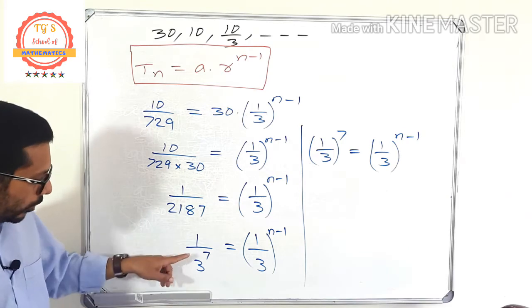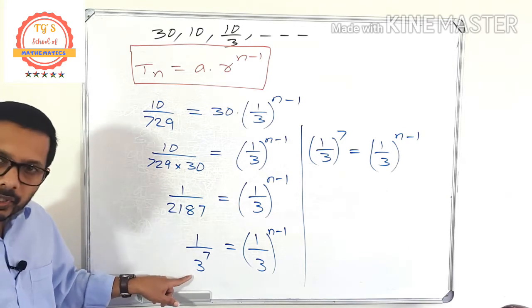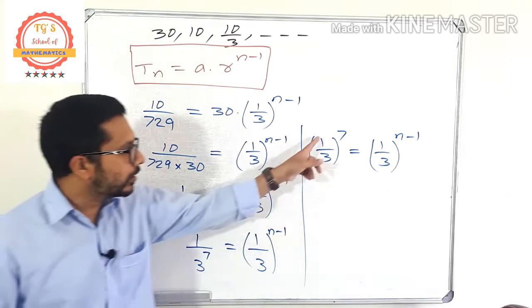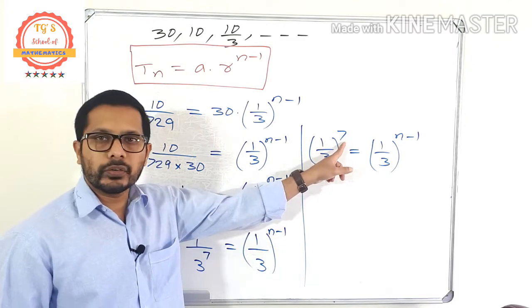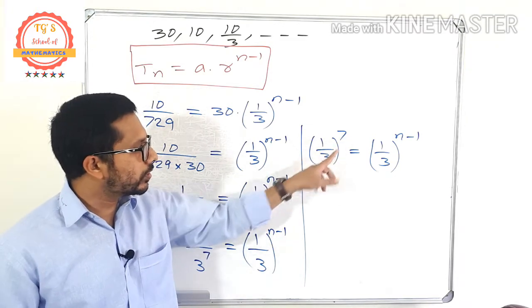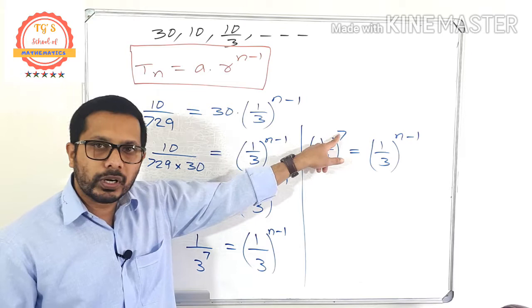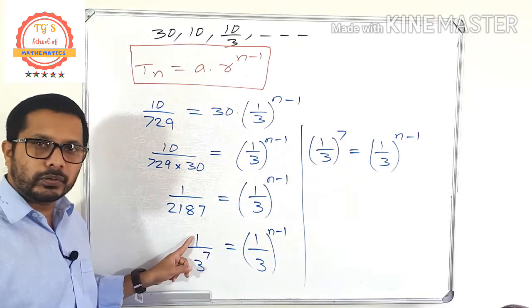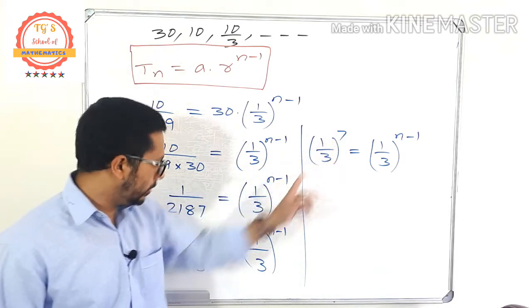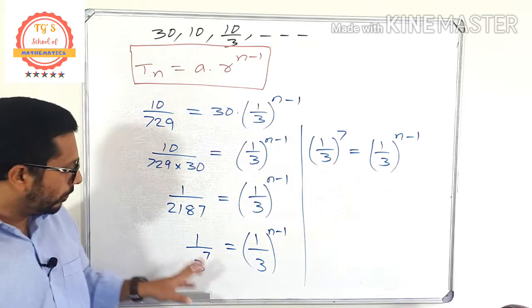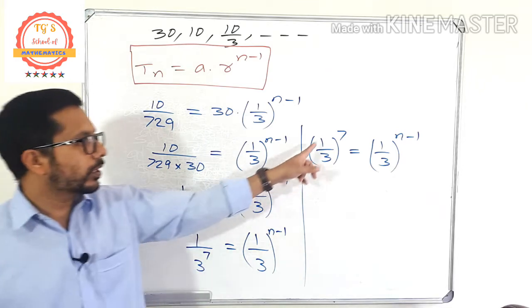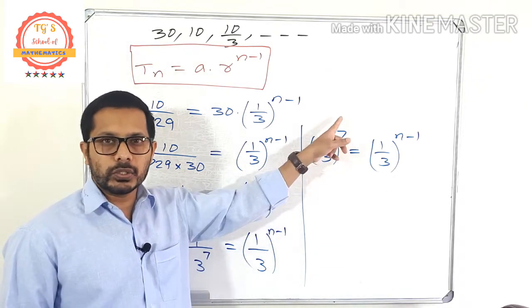Look at this one once more. 1 over 3 raised to 7 is the same as 1 over 3 the whole raised to 7. What is this? 1 raised to 7. 1 raised to 7 is 1. Then 3 raised to 7, that is this one. So 1 over 3 raised to 7 is the same as 1 over 3 the whole raised to 7.